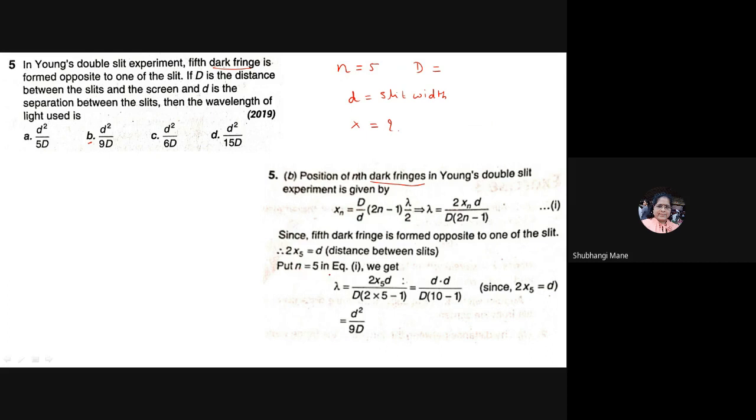Put n equals 5 in equation 1. What will you get? Lambda equals 2x5 into d upon D into 2 into 5 minus 1, because we need this distance for the fifth dark band. 2x5 equals d, this should be noticed. Once we realize this, we immediately substitute: d into d upon capital D into 10 minus 1.